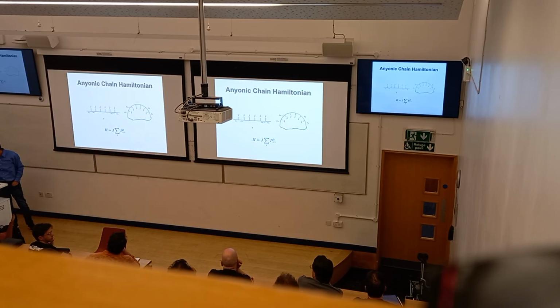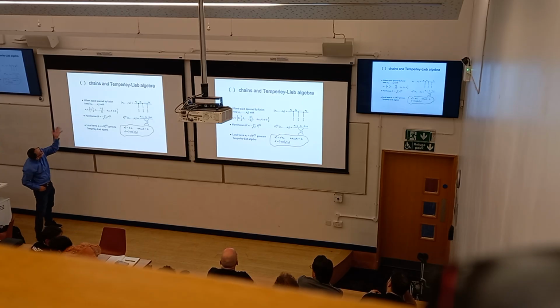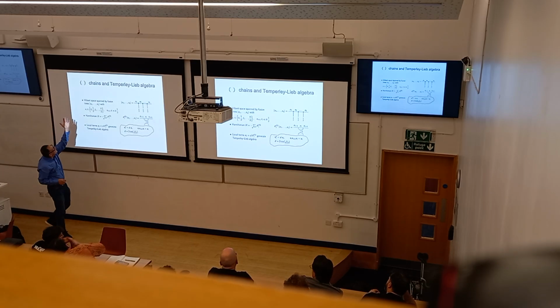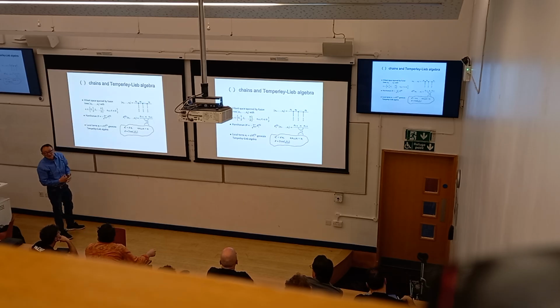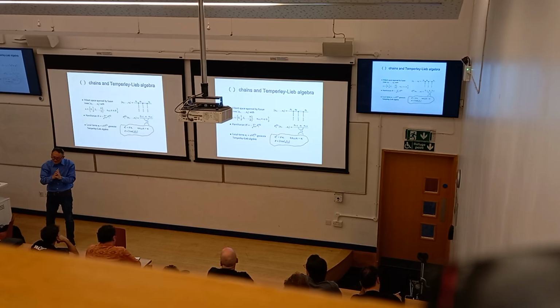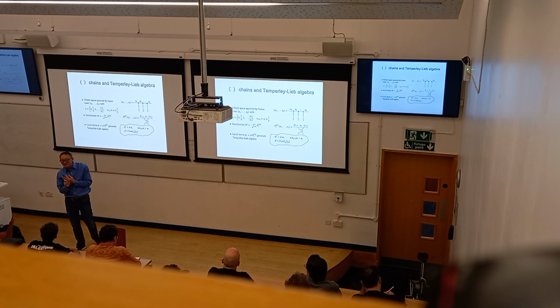And now, let me give you an example. Again, this is a math thing. So I want to talk about the example of SU(2) level K. If you take the SU(2) level K model, this can be three different things. It can be a Chern-Simons theory, it can be a modular tensor category, it can be a WZW CFT model.